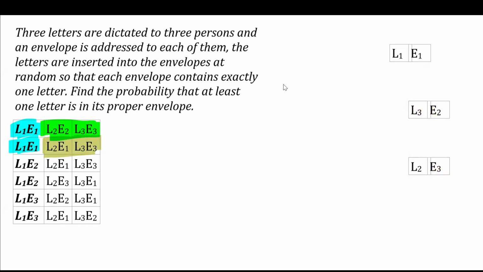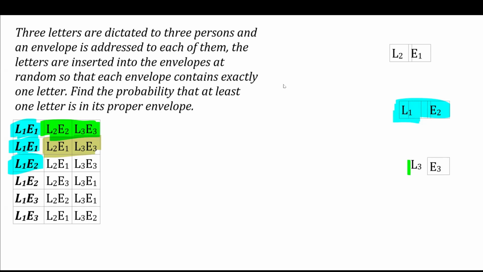Next, I'm going to fix L1 with E2. If I fix L1 with E2, the other two letters can be arranged like this: L2, E1 and L3, E3, as you can see over here.